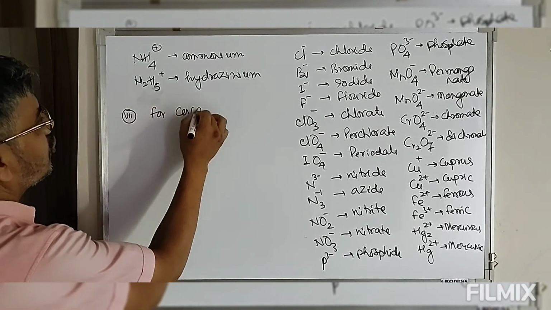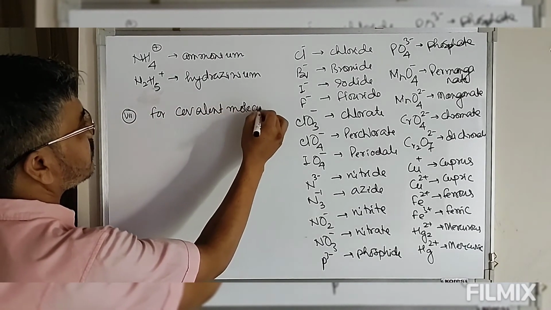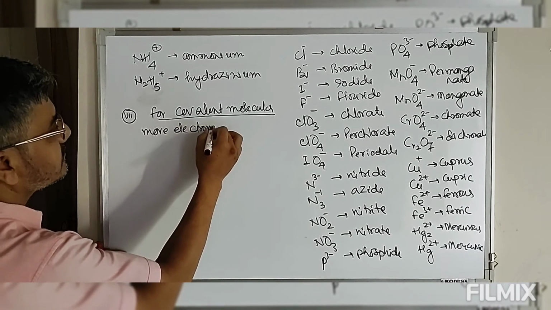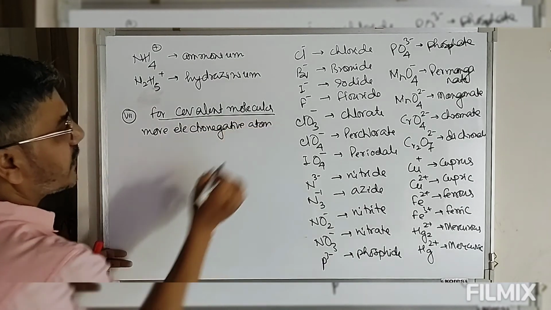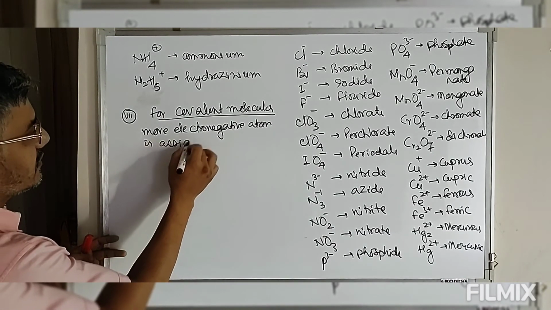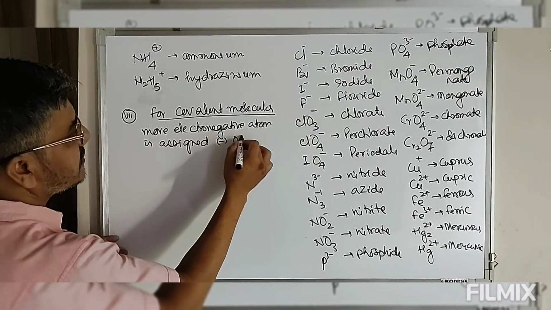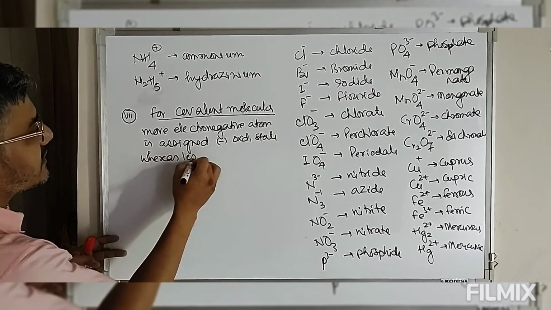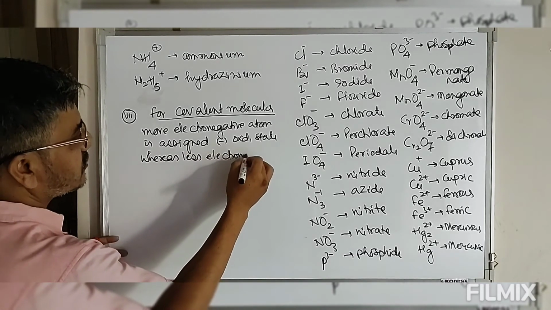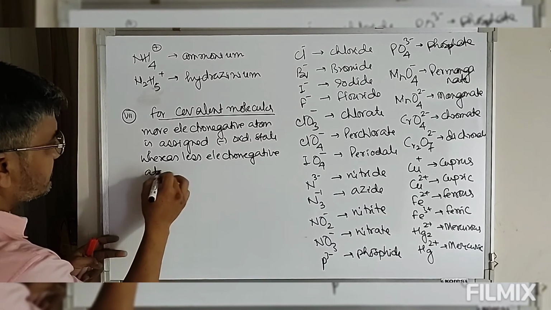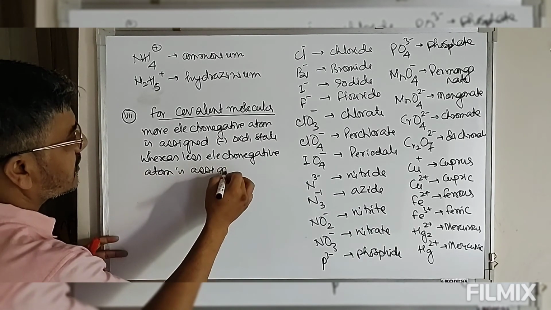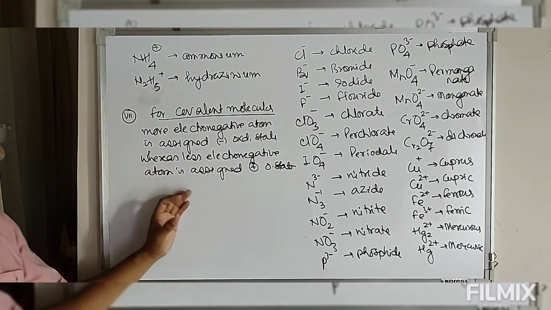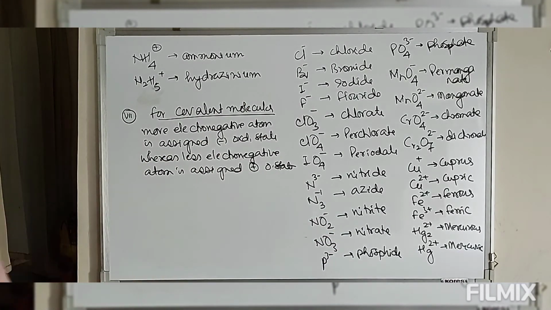So for covalent molecules, the more electronegative atom is assigned negative oxidation state, whereas the less electronegative atom is assigned positive oxidation state.